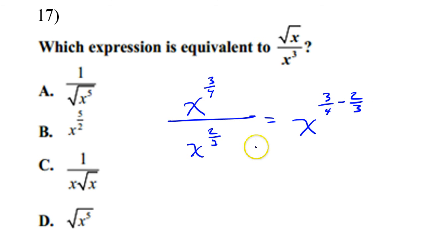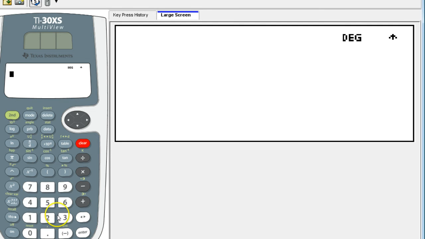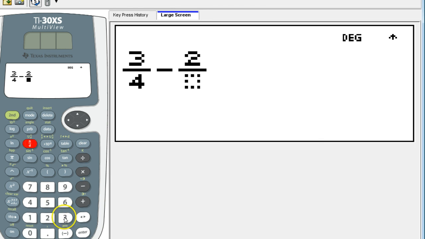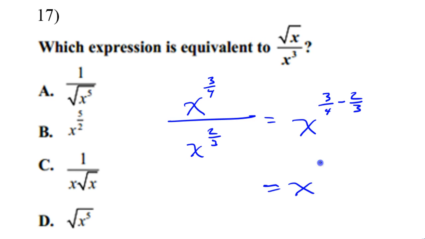I could subtract just like I did before, even though I can't do it in my head. I could do this out the long way, but 3/4 minus 2/3, I can use my calculator. Alright, that's 1/12. Okay, so that would be the answer.